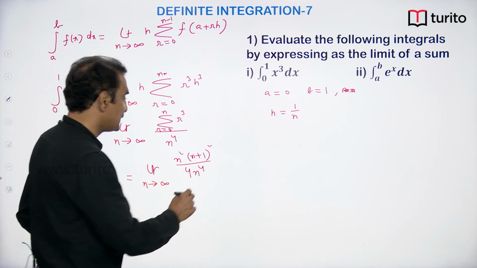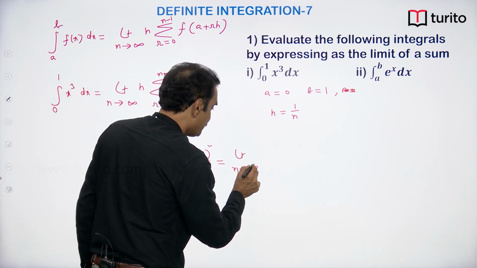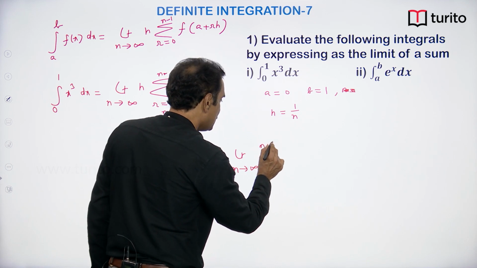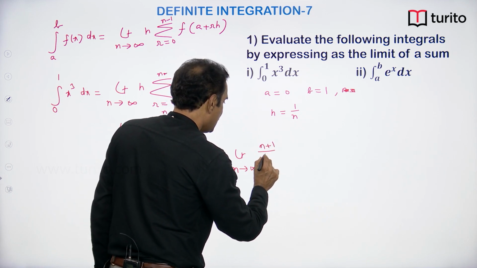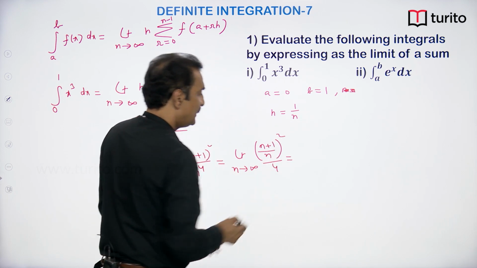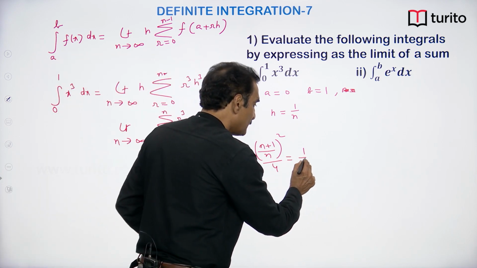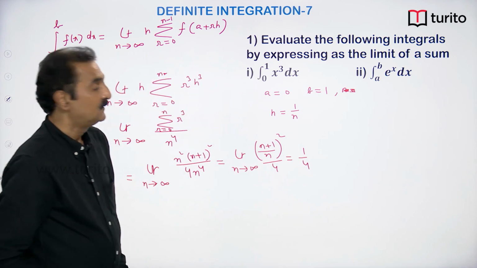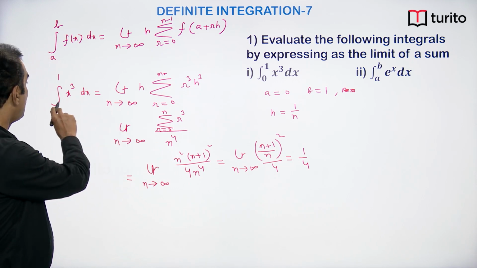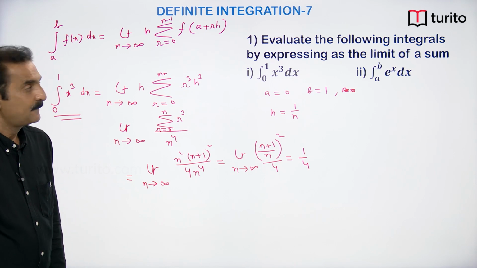Then n square cancels, you will get limit as n tends to infinity, n plus 1 by n whole square by 4. How much? This limit is 1. So, answer is 1 by 4. So, we got the actual value of the integral by finding the limit of a sum.